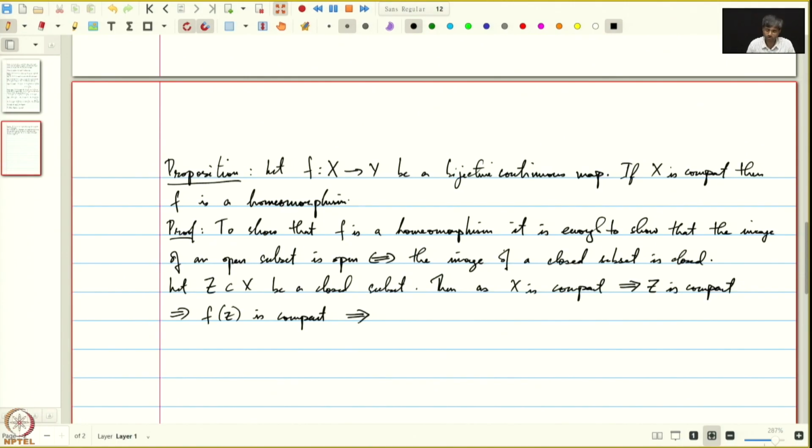So, in a Hausdorff space, a compact subspace is closed. Right. So, f is a bijective continuous map and it takes closed sets to closed sets. From this we can easily conclude that it takes open sets to open sets, and that f is a homeomorphism.